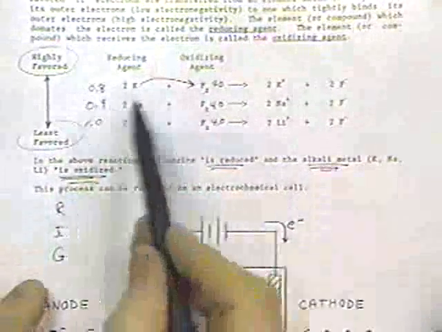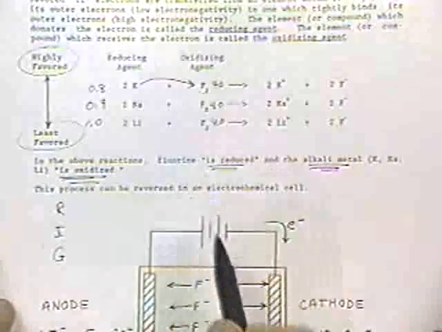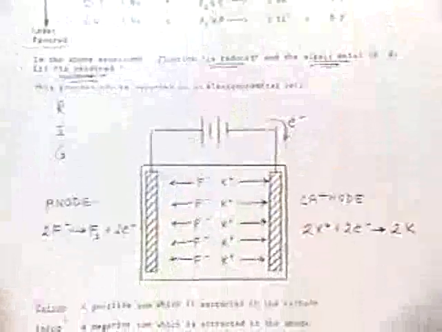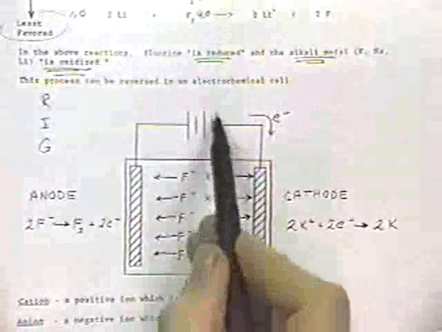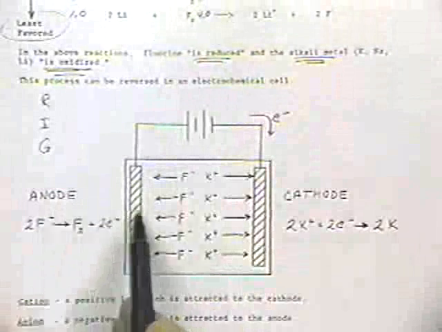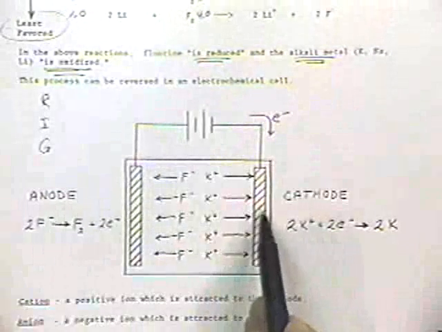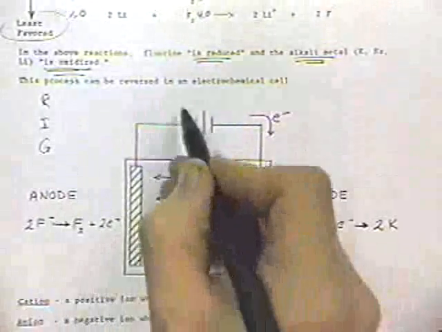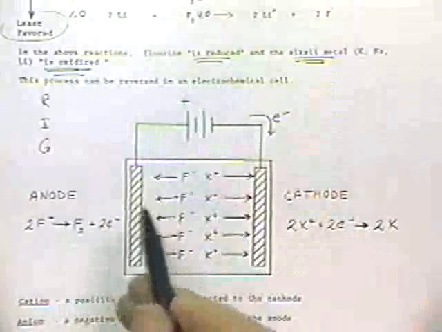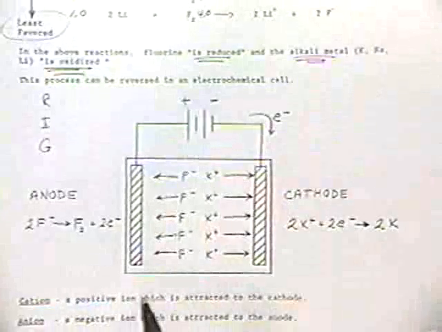Now, this reaction that I've just shown here, which will occur naturally, we can reverse it in an electrochemical cell. So let's say, for example, I have a power source. I'm showing here a battery. I have one electrode called an anode, another electrode called a cathode. I impose a positive charge on the anode and a negative charge on the cathode.